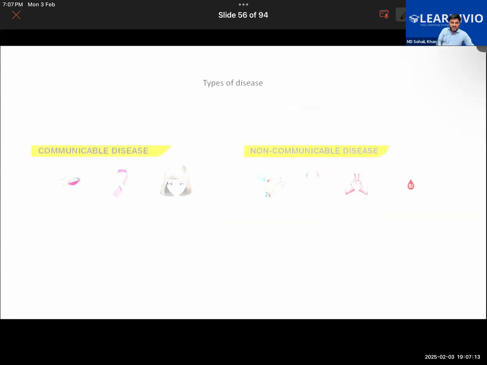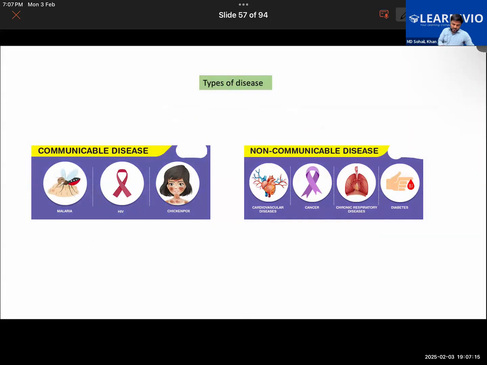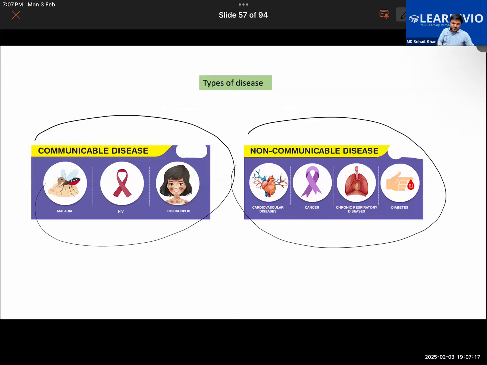Furthermore, we have also learned about different types of disease. You have communicable disease and non-communicable disease. Communicable diseases are basically caused by pathogens, disease-causing microorganisms. They are transmitted from one person to another, right? Like malaria, HIV, chickenpox, etc., or typhoid.